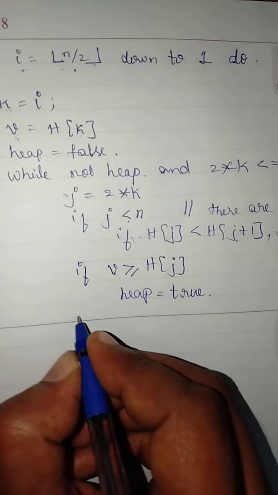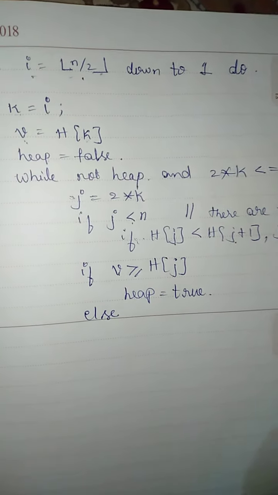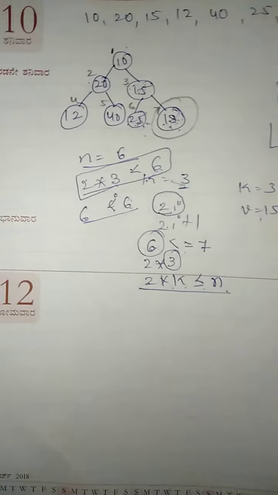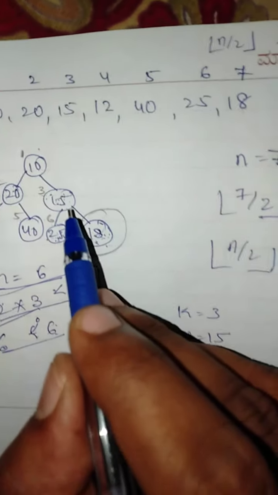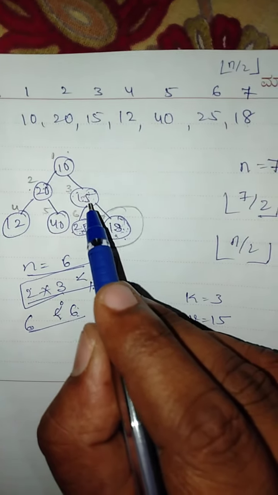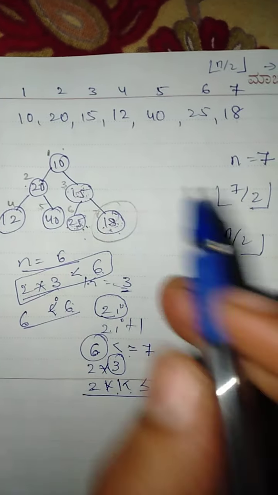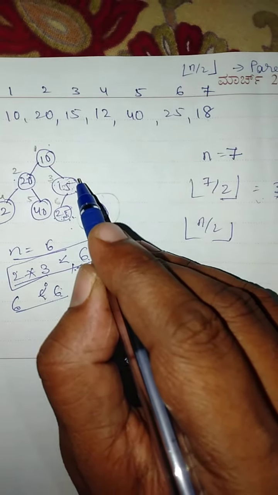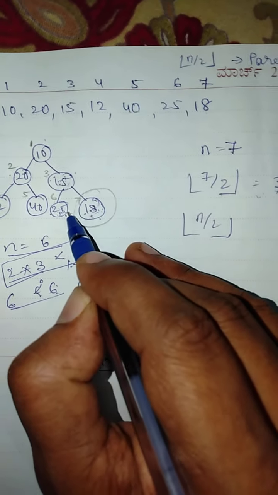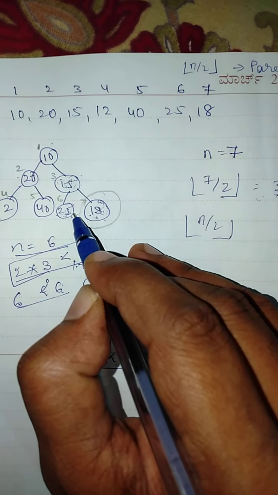If not, else. Okay. Fine. So if v, I mean this element, so if 15 is greater than 25, is the condition true or false?